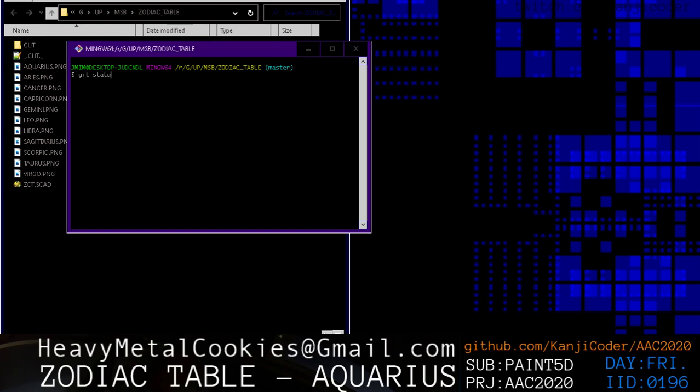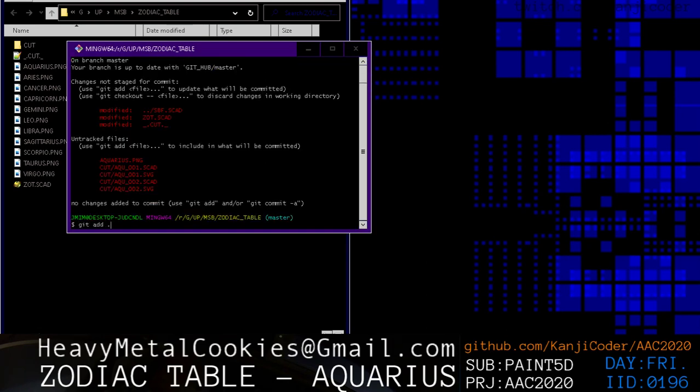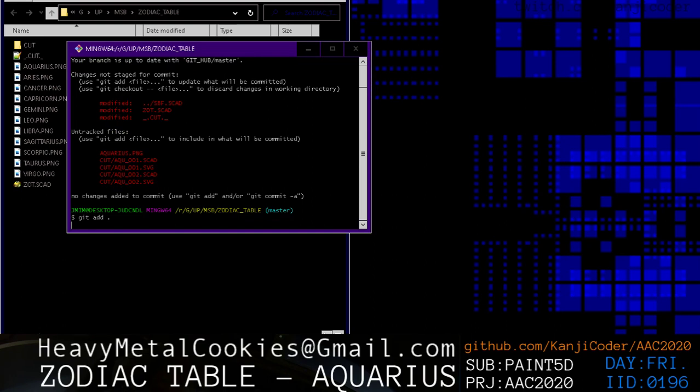Anyways, let's do a git status and commit this stuff. So git add dot, and I don't know what's up with my repo here. I think it has too many very small files in it, because for quite a while now it's been lagging on me. I might want to cut all my files, get rid of the version control history and just make another repo, because this is taking way too long.